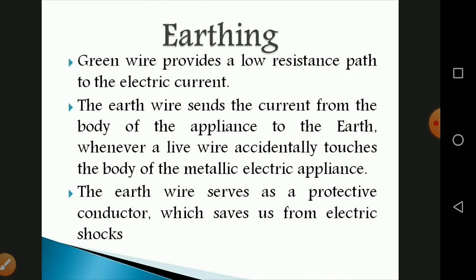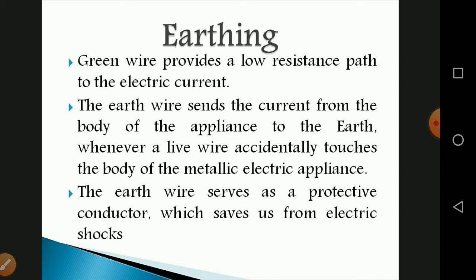Next one is the earthing. The domestic circuit has a third wire called the earthing wire, having green insulation, usually connected to the body of metallic electric appliances. The other end of the wire is connected to a metal tube or a metal electrode which is buried in the earth. The green wire provides a low resistance path for the electric current.